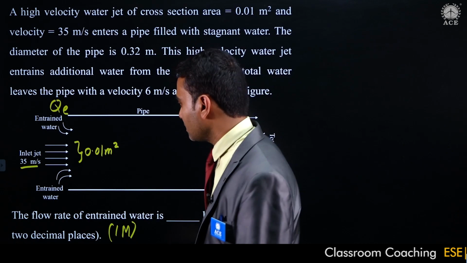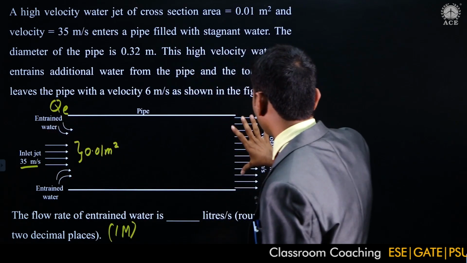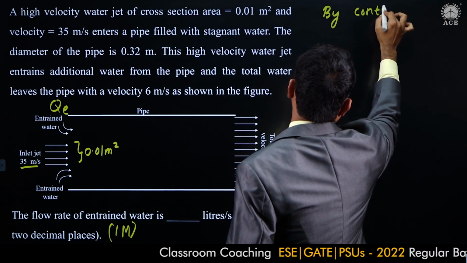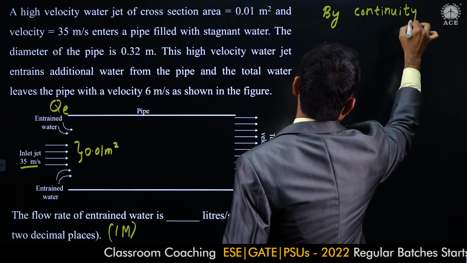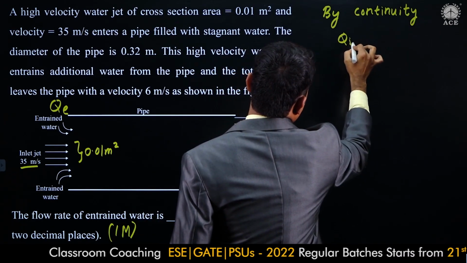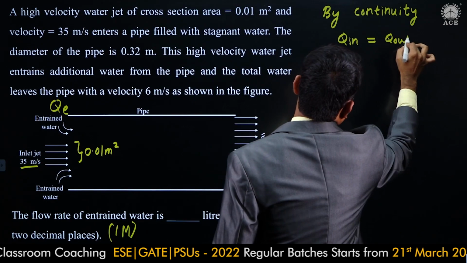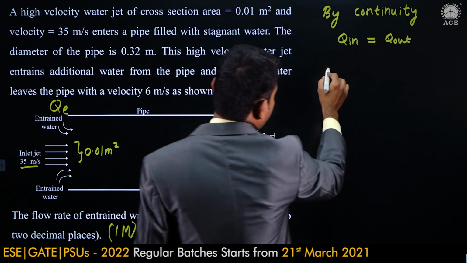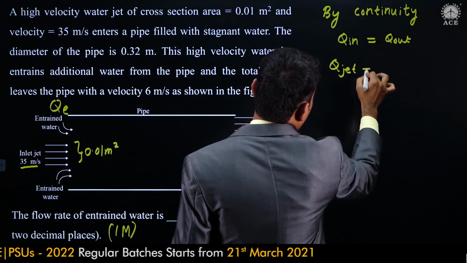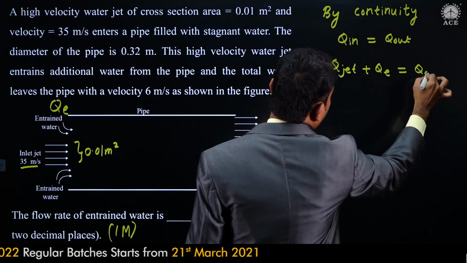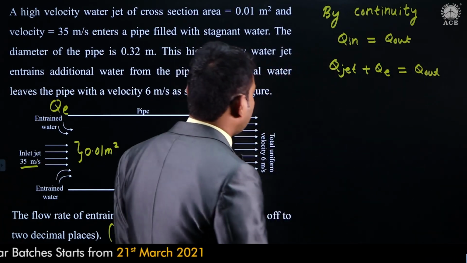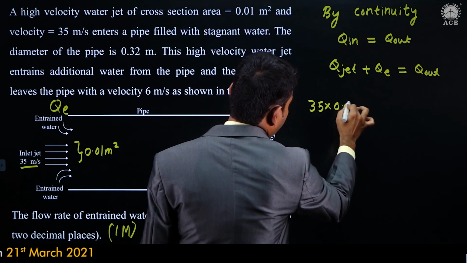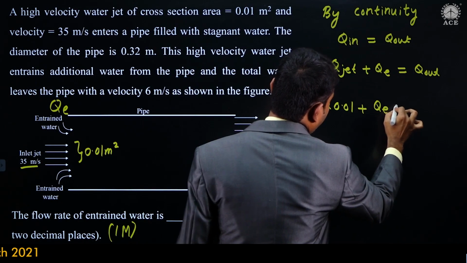By conservation of mass, incoming discharge will be equal to outgoing discharge. So by continuity, Q in is equal to Q out. What is the incoming discharge here? Jet discharge plus entrained discharge, right? So Q jet plus Q entrained is equal to Q out. Q jet we can calculate: jet velocity is 35 into jet area 0.01. Q entrained we have to calculate.